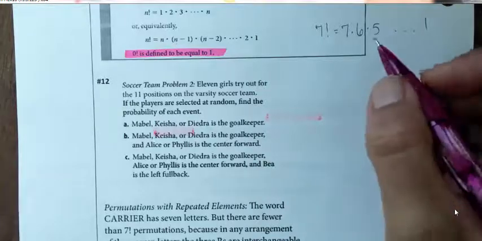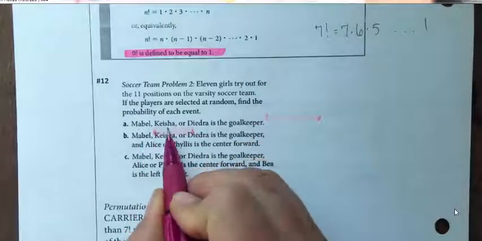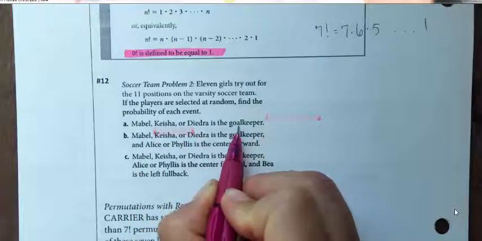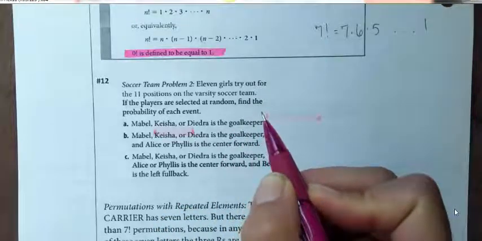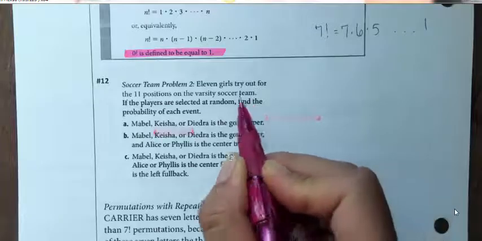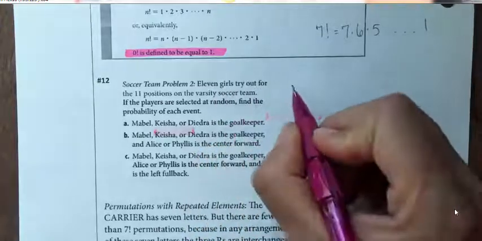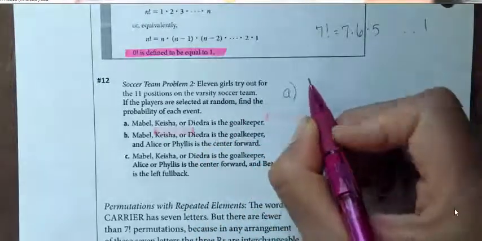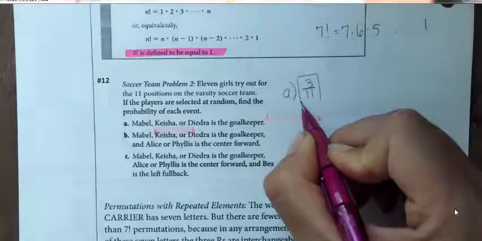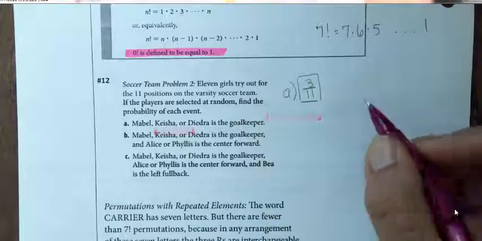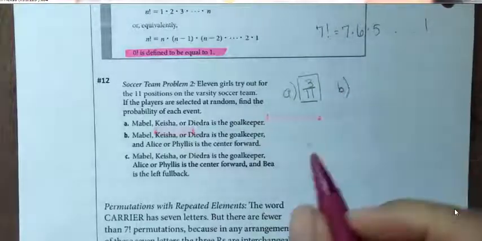For A, Mabel, Keisha, or Deirdre is the goalkeeper. Well, that's 3 out of the total of 11 girls, right? So the probability of one of those 3 becoming the goalkeeper is 3 out of 11. Pretty simple.